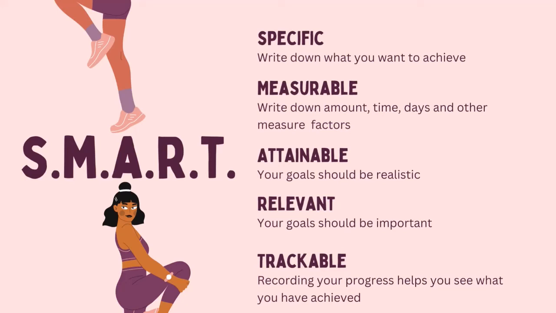Timely or trackable relates to when you want to achieve your goal by and what time frame you have to reach your goal. Putting the FITT principle together, one can effectively plan an exercise routine and set a SMART goal.